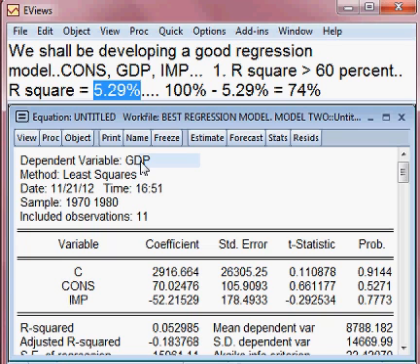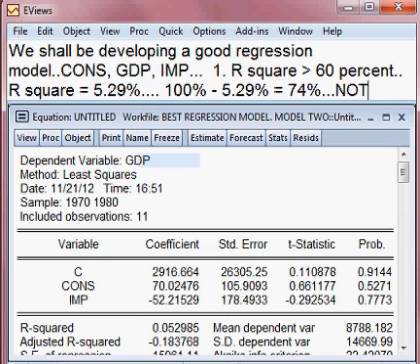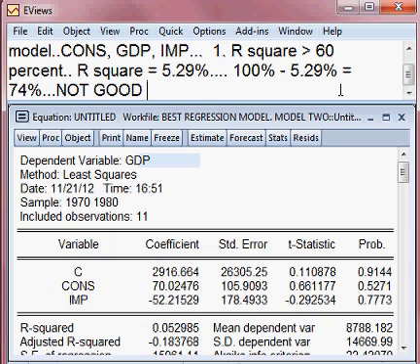5.29% on GDP. So this model is not well fitted, because the R square value is very small, meaning that internal influence is very small, but external influence is very big, and that is 74%.